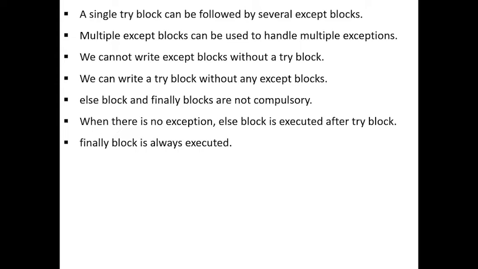So here mainly there are four blocks: try block, except block, else block, and finally block. The try block is mandatory, whereas the except block can be there or not. Using the try block we can use the else block, and the finally block is there to close the exception. So the finally block will always be executed.